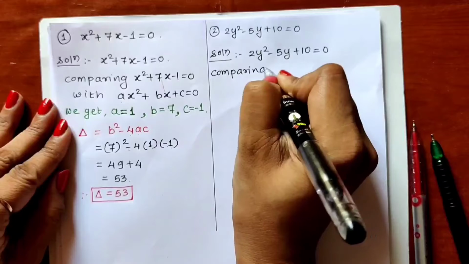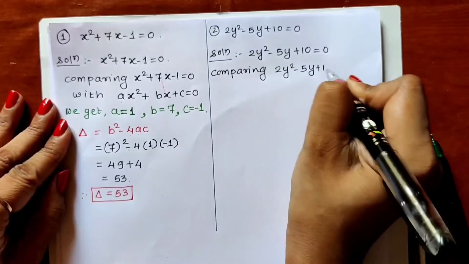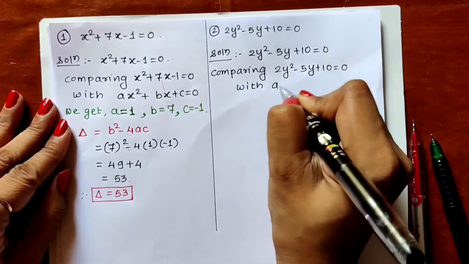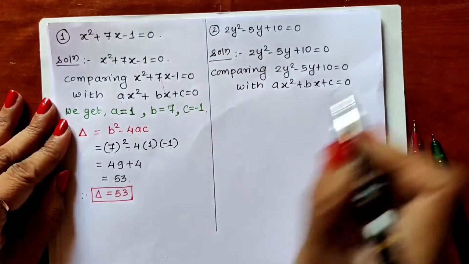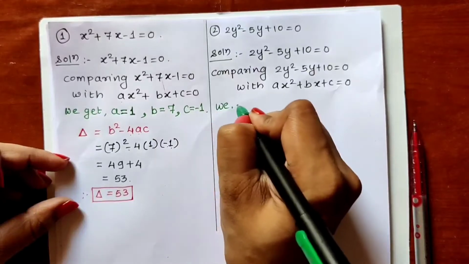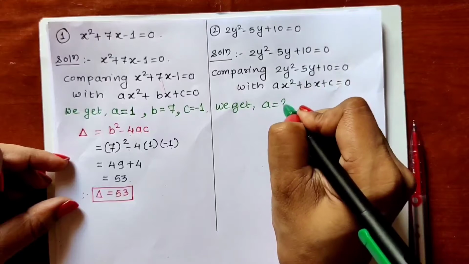Comparing 2y square minus 5y plus 10 is equal to 0 with ax square plus bx plus c is equal to 0. So what we get? We will get the values of a, b and c. We get A is equal to 2.